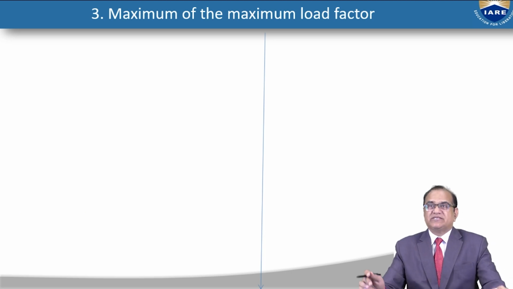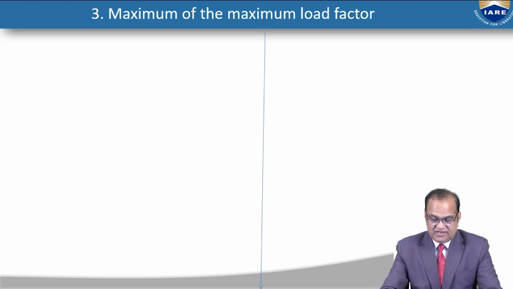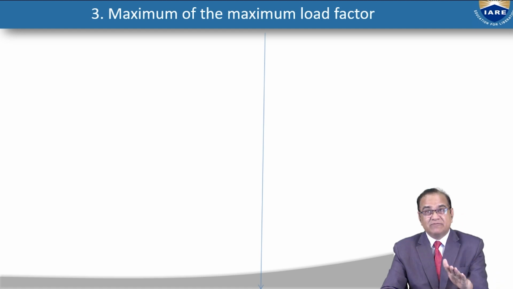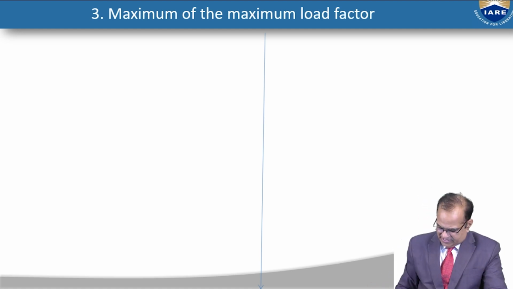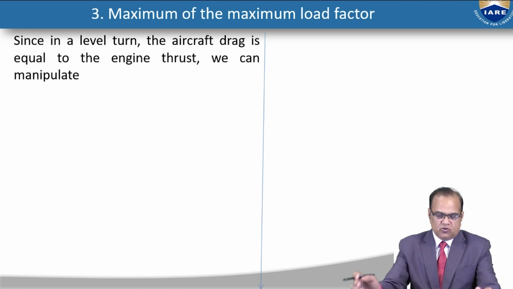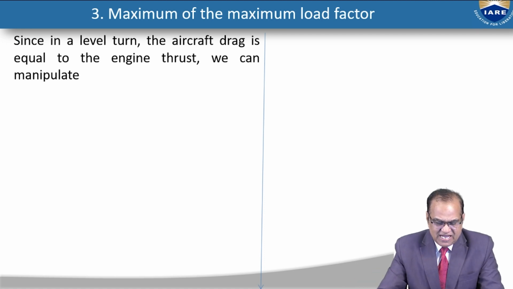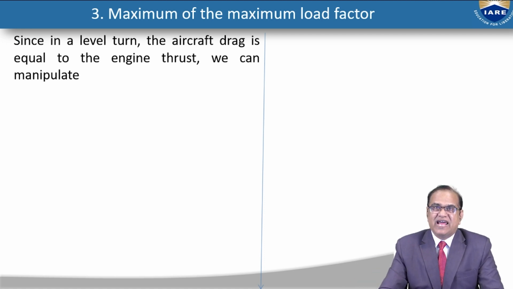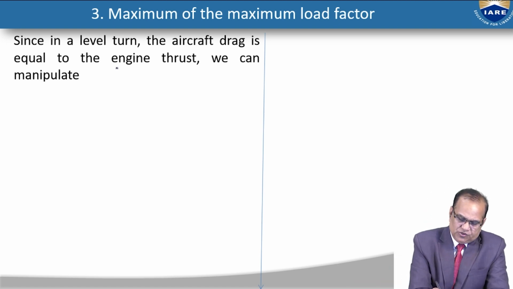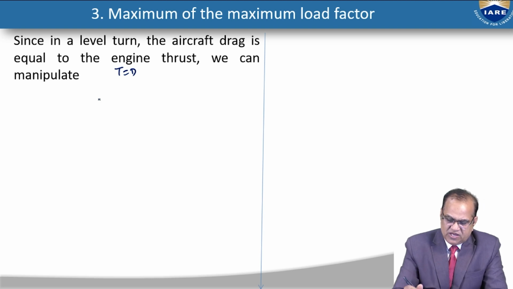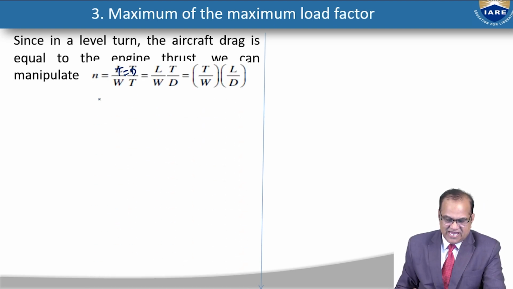Next is the maximum of the maximum load factor. Since in a level turn the aircraft drag is equal to the engine thrust, T is equal to D, we can manipulate this.